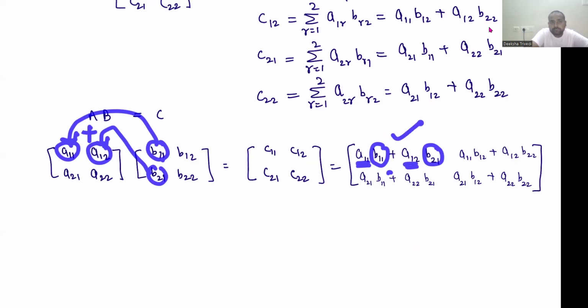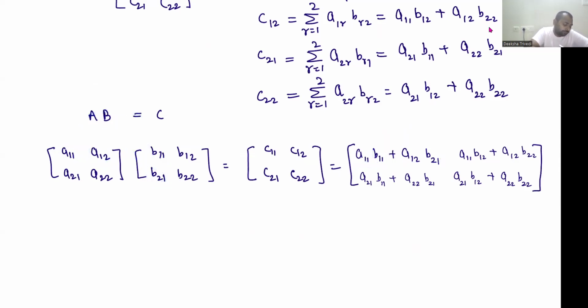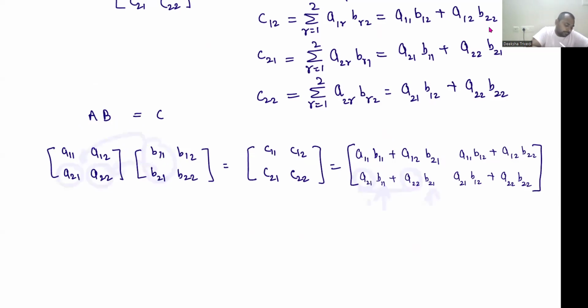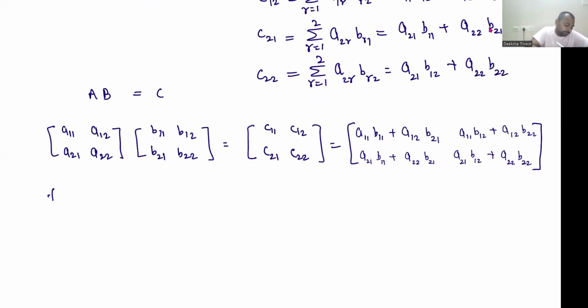Am I correct? Now, if you observe this, A21, A22, that again multiplied with B11 and B21. So for C11 and C21, we take A11, A12, A21, A22.